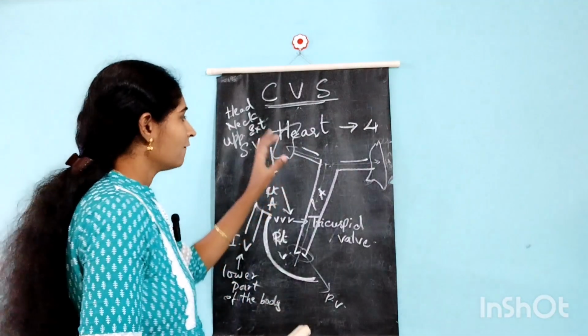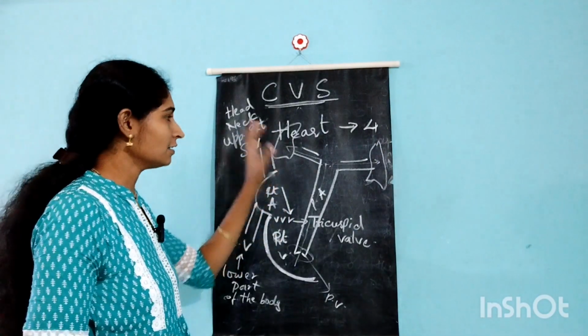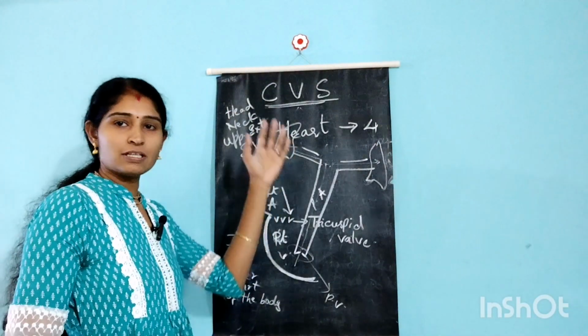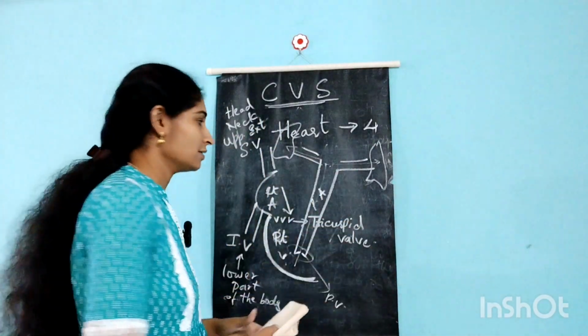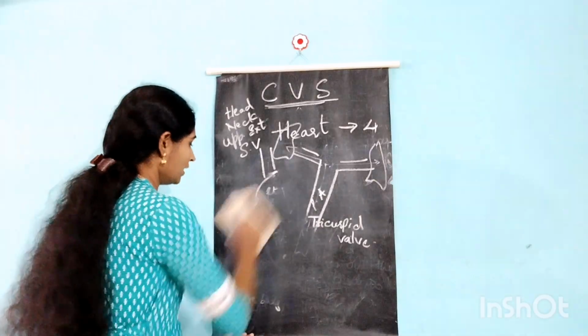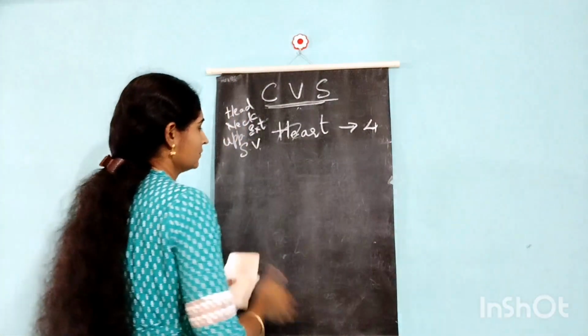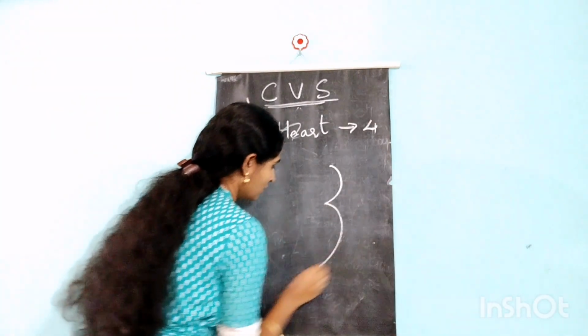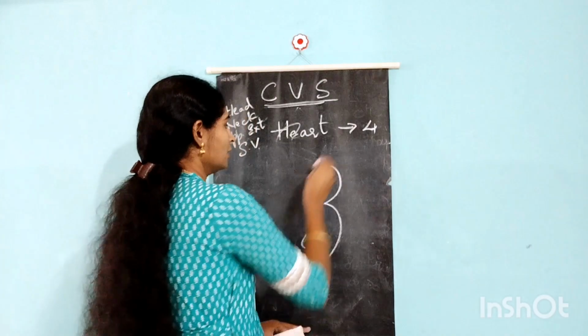I am moving on. The blood has now reached the lungs for purification. There the exchange of carbon dioxide and oxygen takes place. The oxygenated blood from the lungs is going to come into the left atrium. Now we are going to study the left atrium and left ventricle.